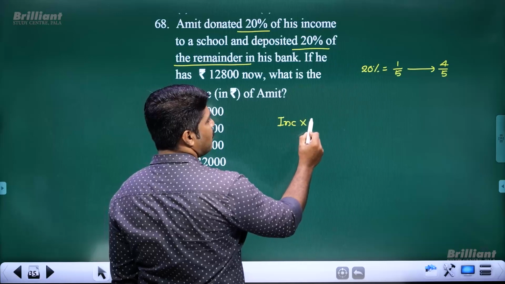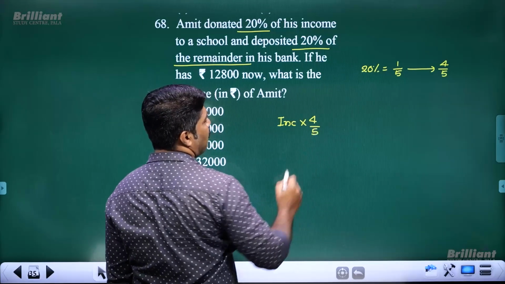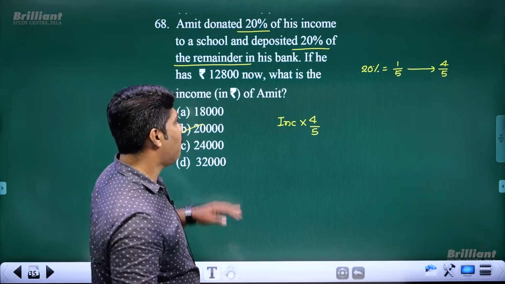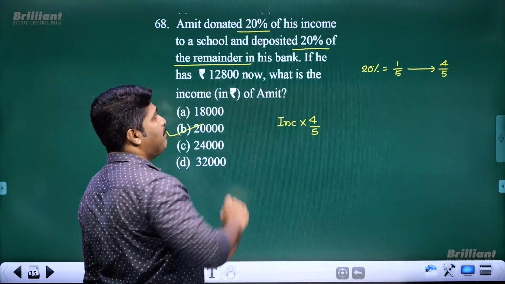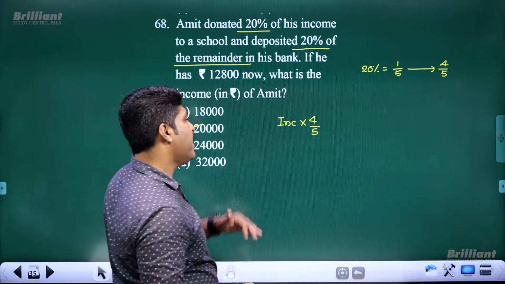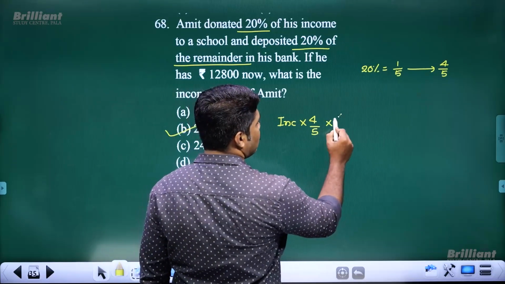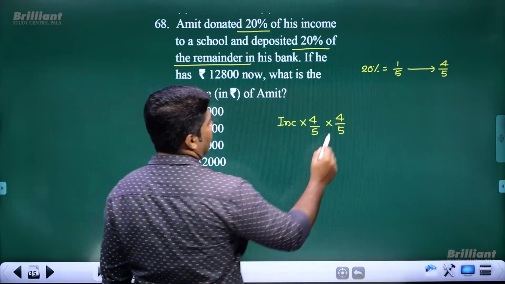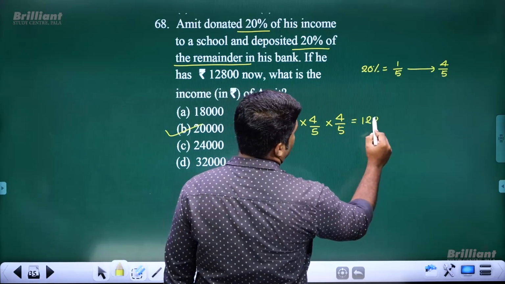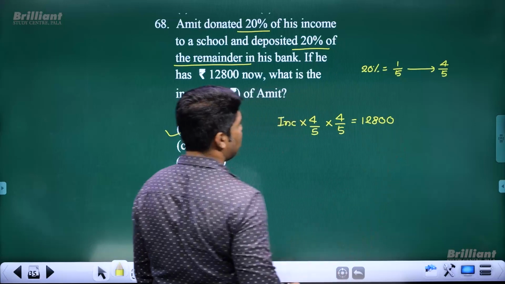So income's 4 by 5 portion is left after the first investment. It's 20% again deposited, so what remains? Again that is 4 by 5. This is the final remainder, equal to 12,800. That's a simple step.